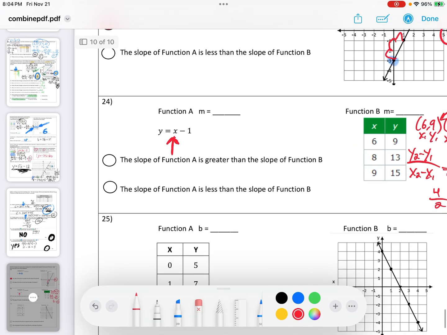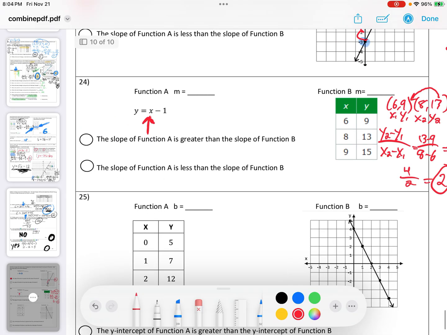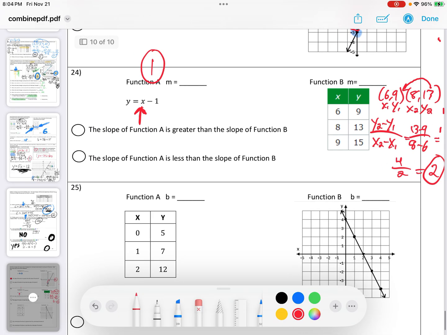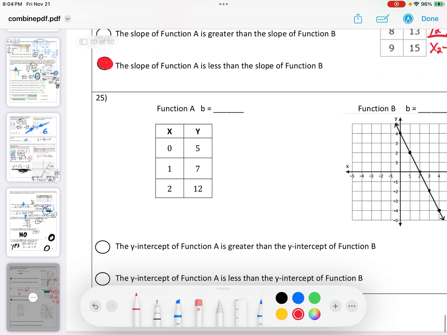All right. Slope is 2. Slope is 1. So function A, slope is 1. Function B. Oh, actually, there's a little line there. Okay, the slope of A is greater. It is definitely not. Slope of A is less. 1 is less than 2.